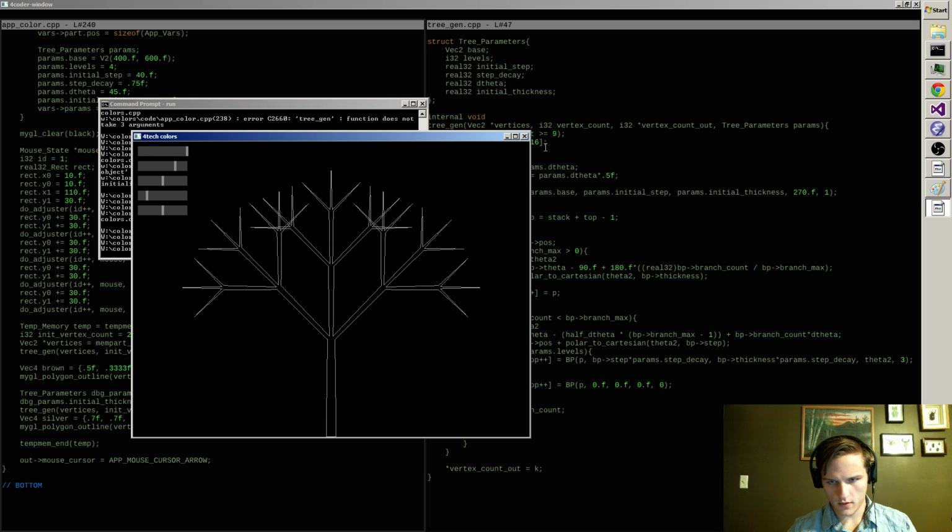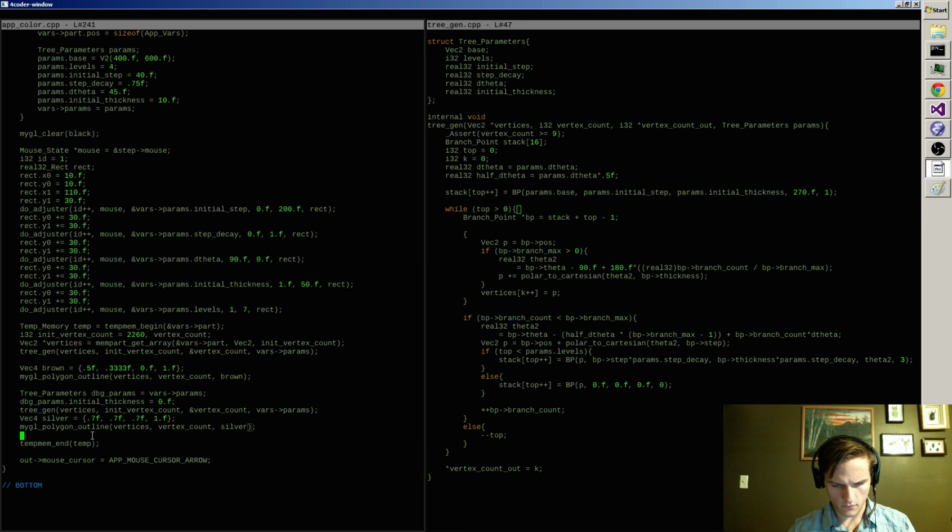It is not what I wanted to see. Thickness should be set to 0 initially, which means your initial thickness is 0, which means that should be 0.